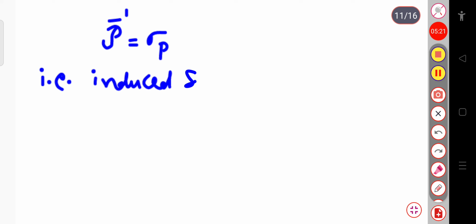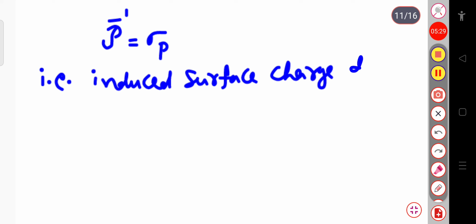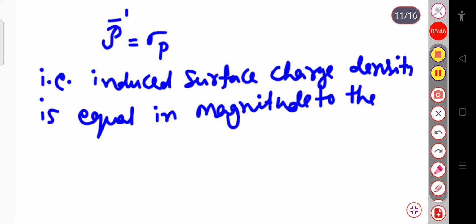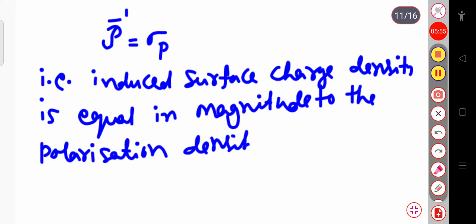The induced surface charge density sigma P is equal in magnitude to the polarization density, that is P.